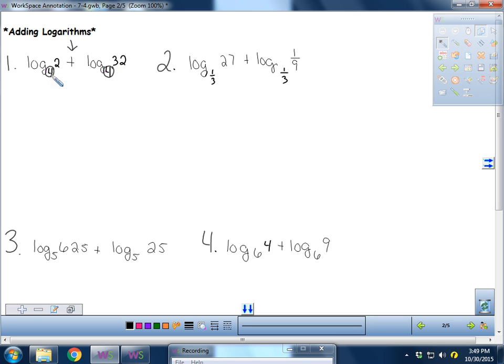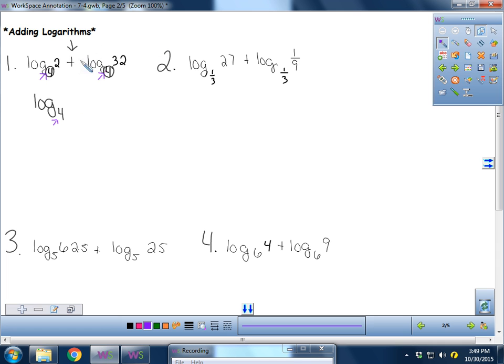That means I can combine these into one log with a base of 4. We're just attempting to make this a simpler thing to look at.